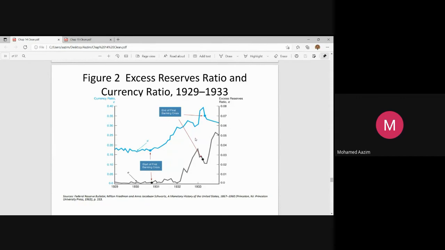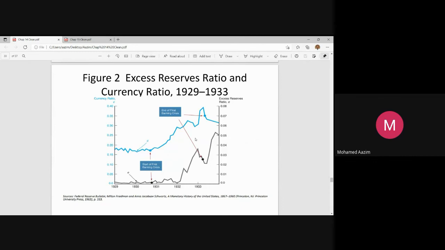People became increasingly cautious, and the precautionary motive drove people to withdraw money. They did not trust banks to keep their deposits, so they were withdrawing money.